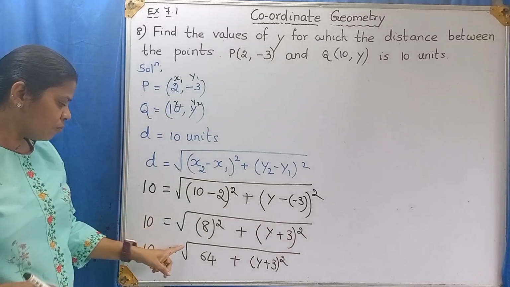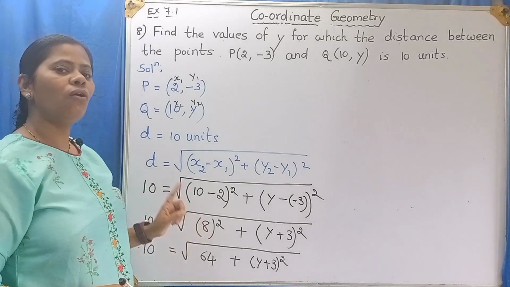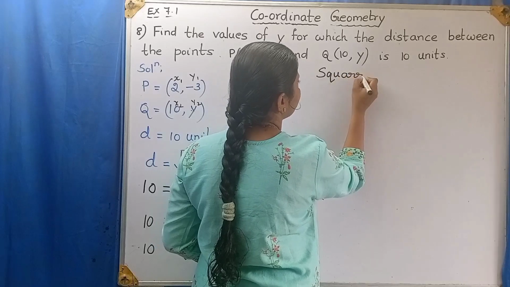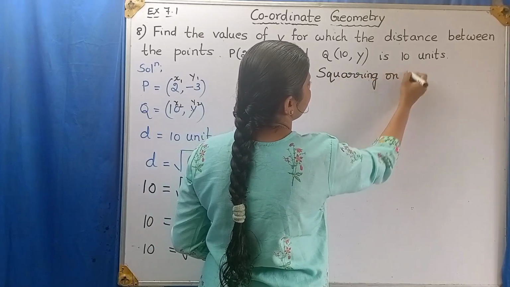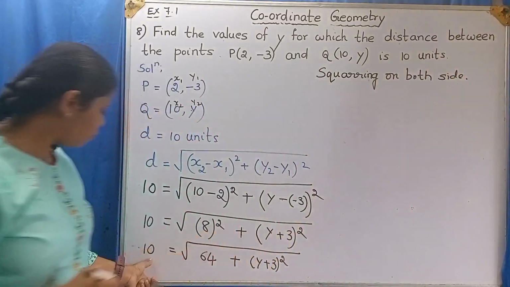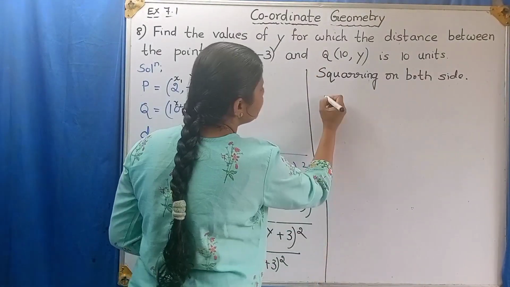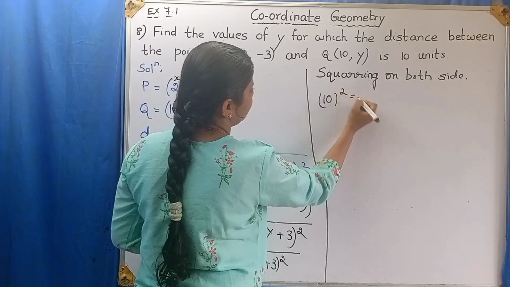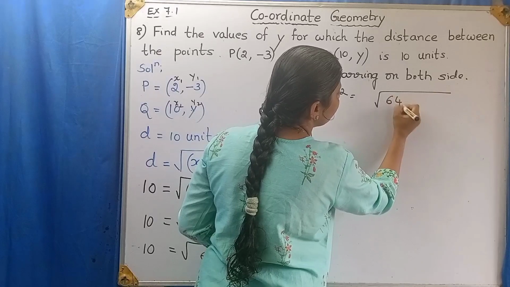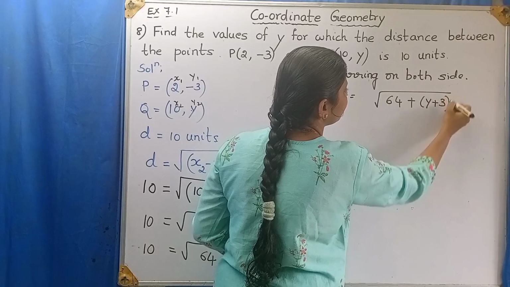Now, we want to remove this square root. So, what do we have to do? We have to do the squaring on both sides. Then what will it become? 10 square is equal to the square root of 64 plus (y plus 3) the whole square, squared.